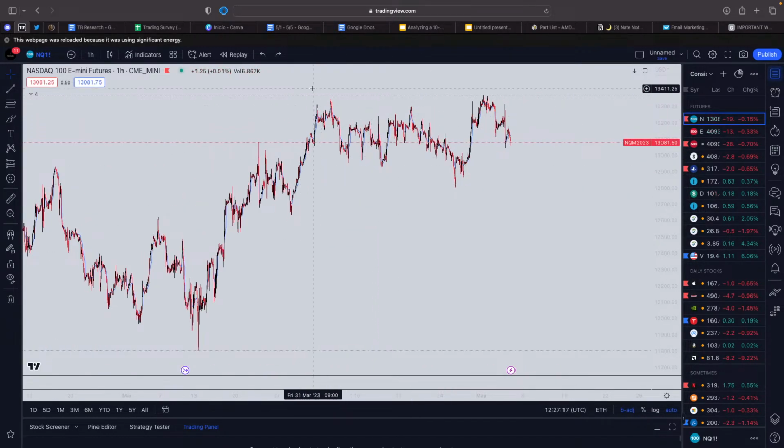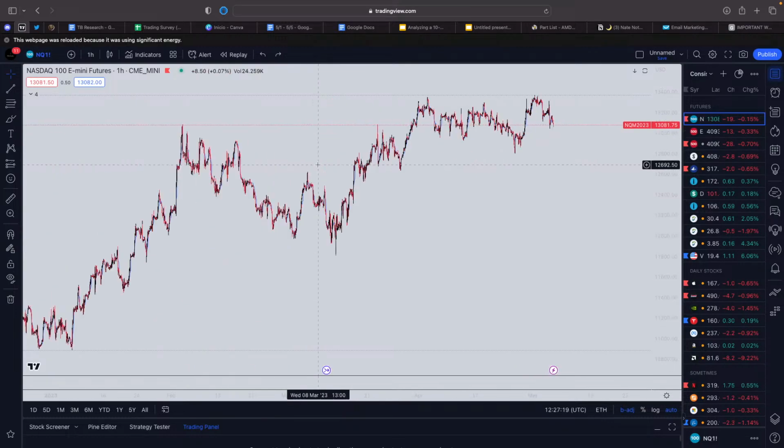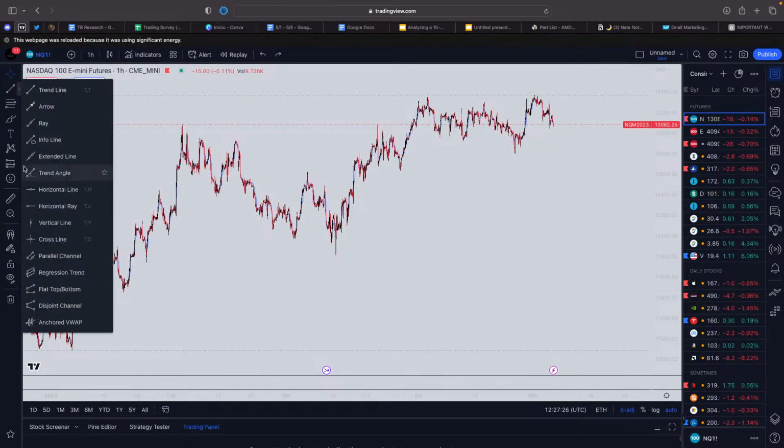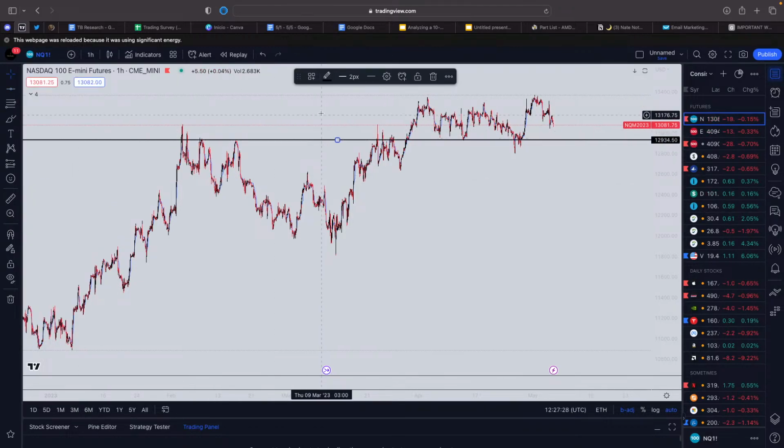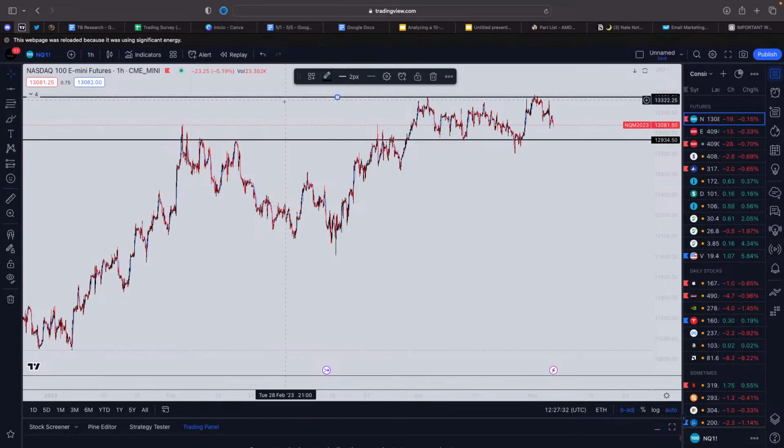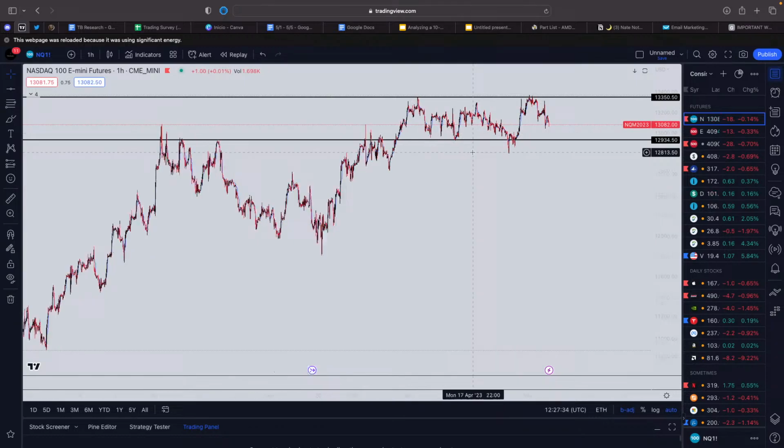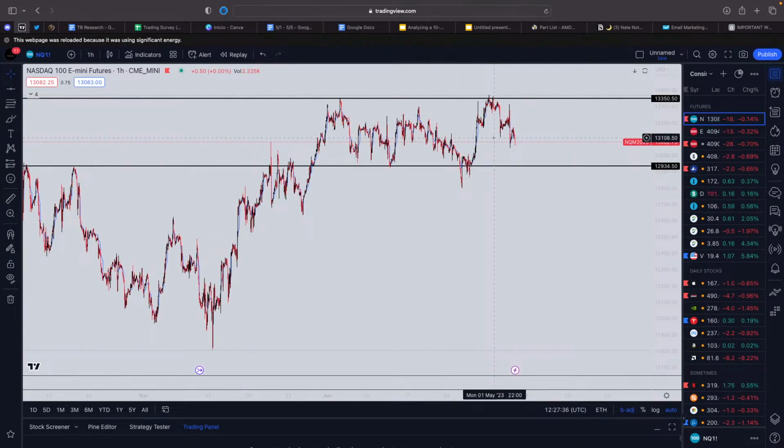But it seems so far that we should identify these levels over here as a key spot to pay attention to, that being one of them, and another one being up here. We got our high and our low, and this is so far the ideal range that we're in, as well as maybe some other levels right around here.